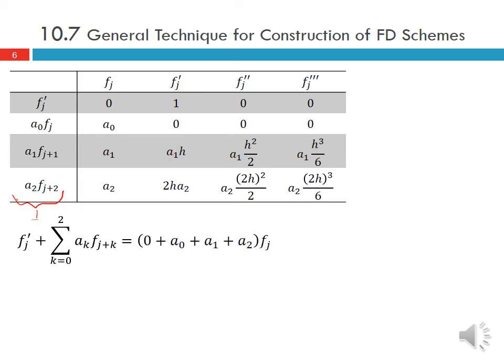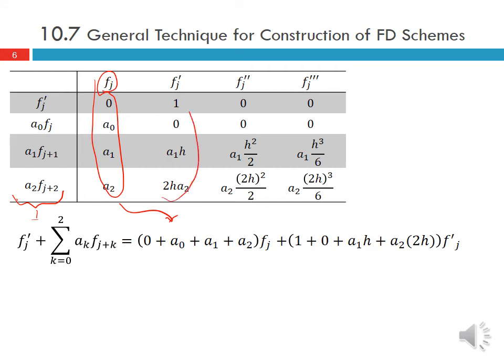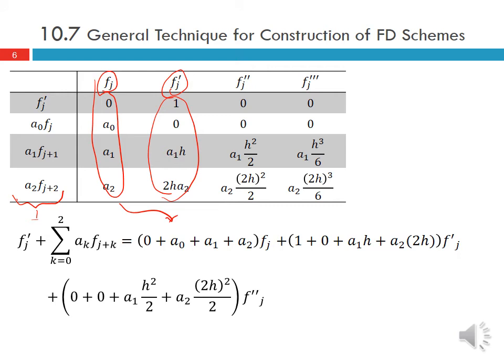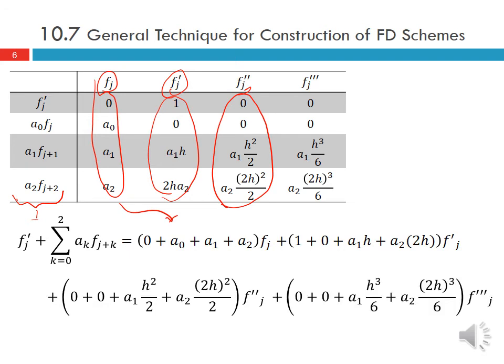So this is equal to the sum of all of these times fj plus the sum of the next column times fj prime plus the sum of the next column times fj double prime plus the sum of the last column times fj triple prime. And we could do more terms if we wanted, so really we can say plus dot dot dot.